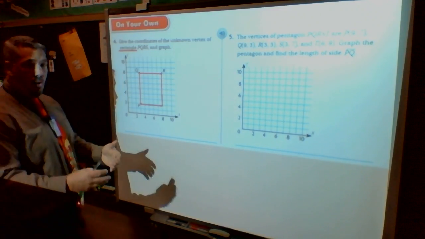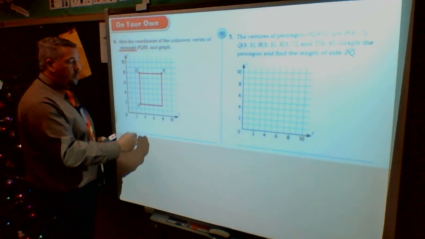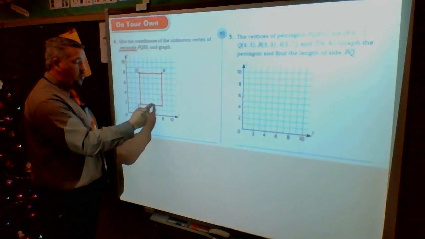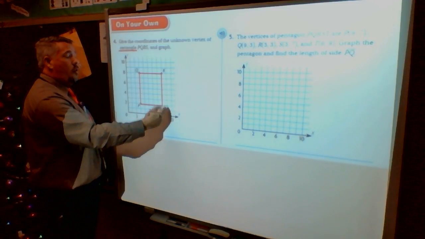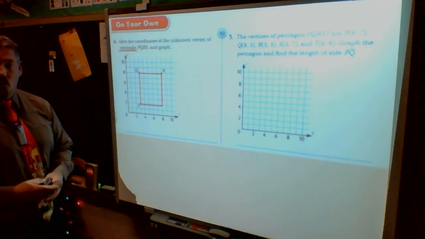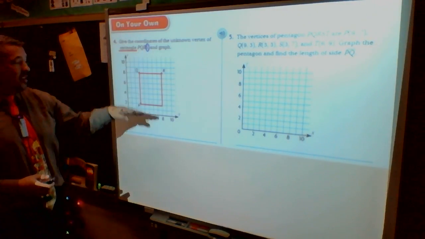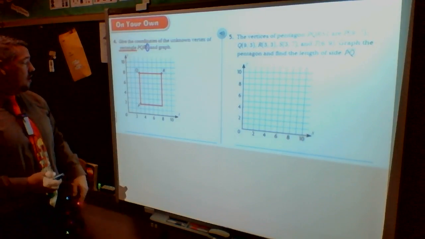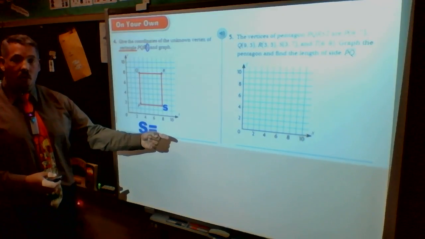When I draw the rectangle, I know that I'm going to go PQR. This has to be straight across from P, and has to be straight down from R, so I know that's where my missing letter is going to be. When I label it, I know I'm looking for S because it's the one that's not there. So I'm going to say that S is equal to, and then I put my ordered pair.